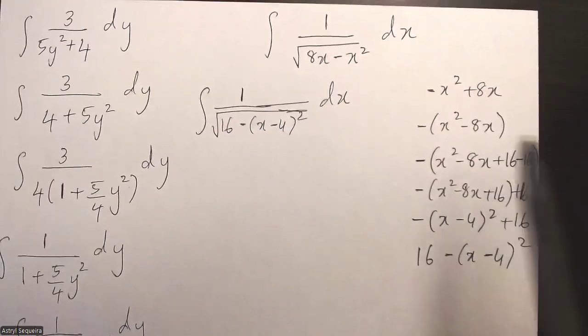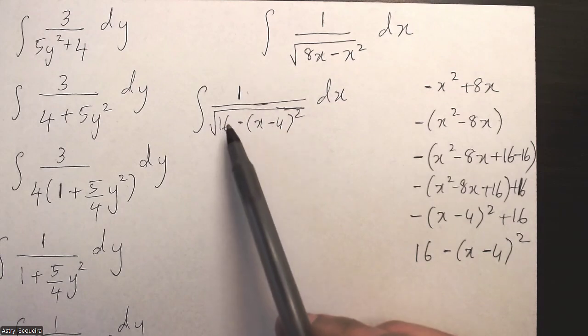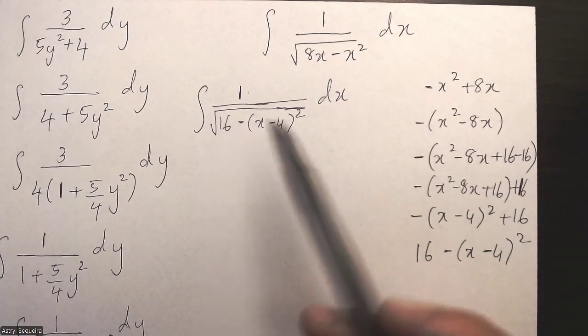Remember, before you want to do substitution, you always want to make these two numbers into a 1. At least that's how I do it. I need to factor out a 16 over here.